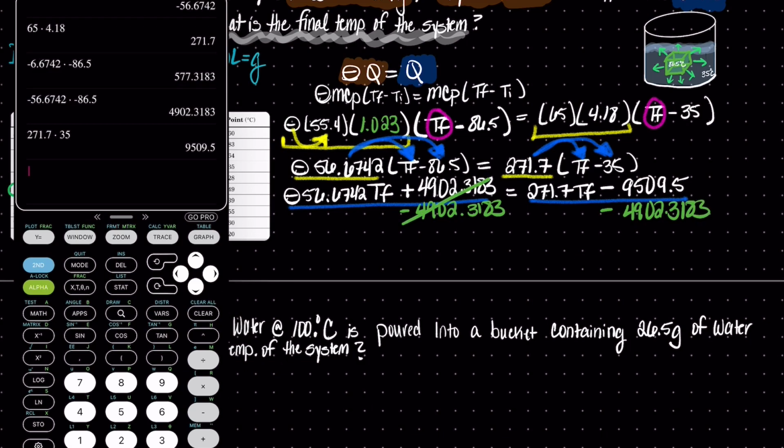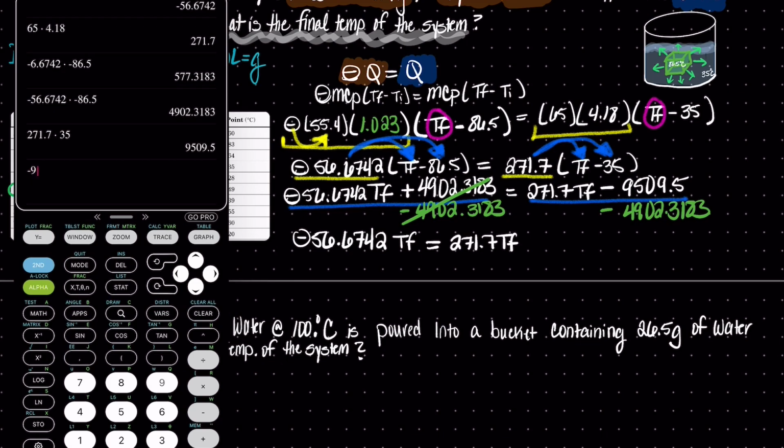That politely cancels. I got negative 56.6742 TF equals 271.7 TF.